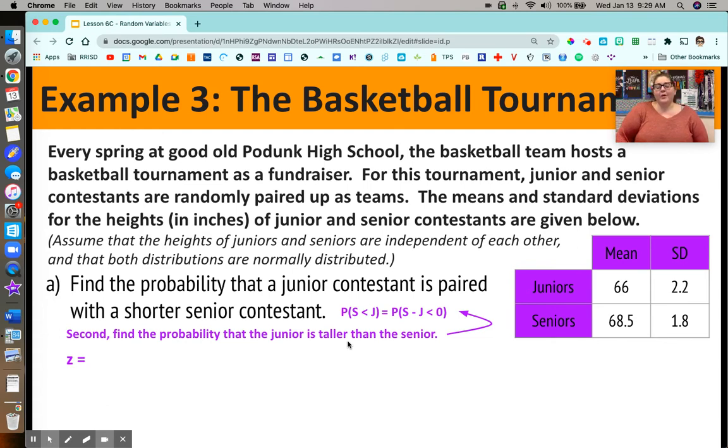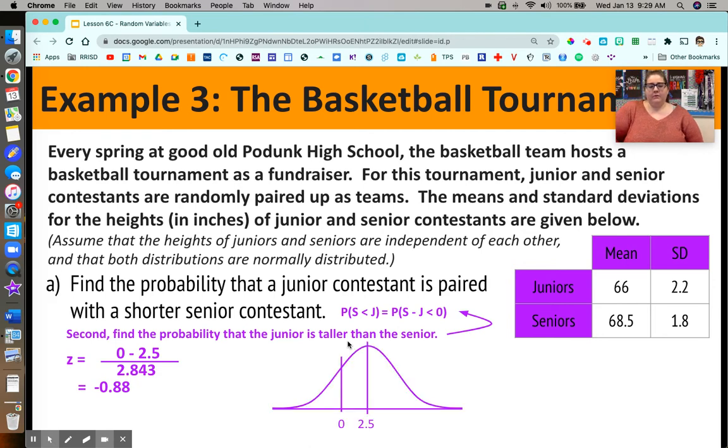Our observed value here would be 0, because I'm finding the probability that S minus J is less than 0. So 0 is my observed value, minus 2.5 was the mean of the differences, divided by 2.843 was the standard deviation of the differences, which comes out to negative 0.88.